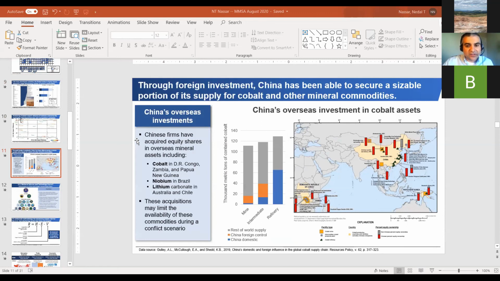In this case, obviously China, or Chinese companies, have gone out and made sure they have an equity share in those assets overseas, especially in the case of cobalt. So you can see in this figure, obviously, China has a very small share of cobalt mine production. They have a large share of refinery production. But if you include the Chinese companies' foreign ownership on an equity basis, it does become significant. And so yeah, you can look at that. And I think for most countries this is not an issue. There are a few where this is a significant issue, and China is one of those.